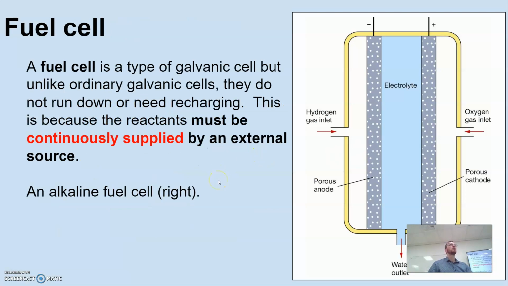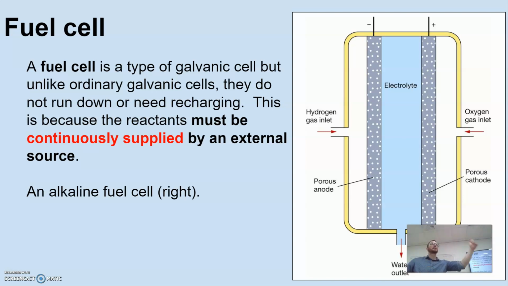Fuel cell, only one specific feature. So we know the feature of secondary cells that allows it to be recharged. The feature of fuel cells that distinguishes it from other cells is that the reactants must be continuously supplied by an external source. So that external source could be storage of, say, hydrogen and oxygen that then feed into the fuel cell, right?